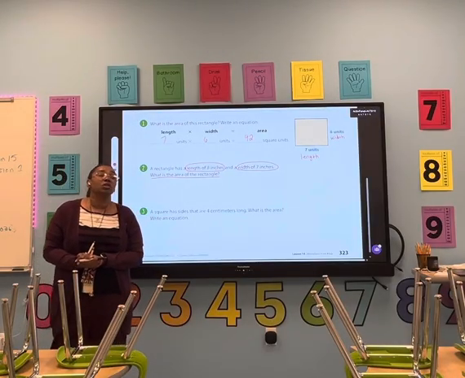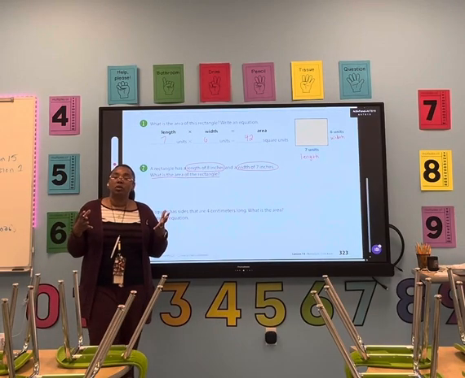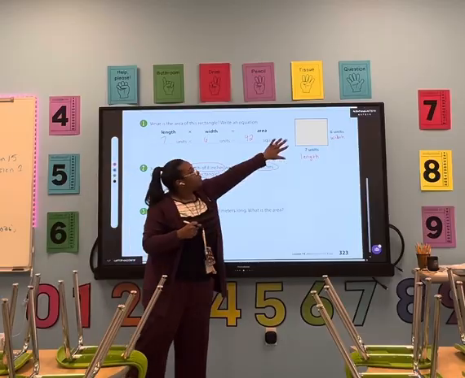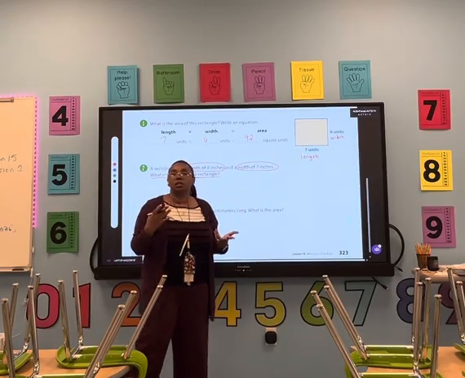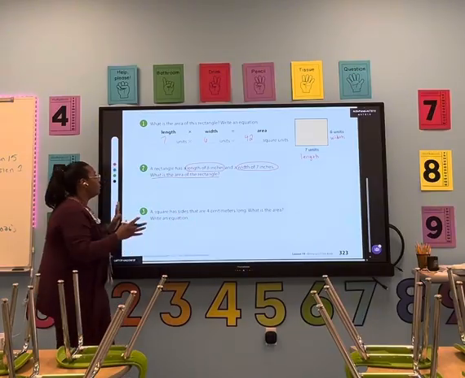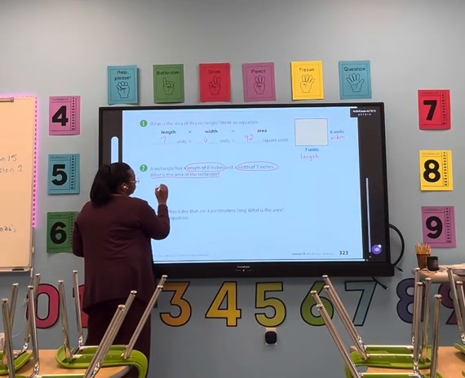So let's figure out what the area of this rectangle is. So first thing we're going to do, I tell my kids to do a drawing, because when you draw things out, you see it clear. Over here they did a drawing, and it was easier for us to understand what they were asking us to do. So they asked me to do a rectangle, so I'm going to draw a rectangle.